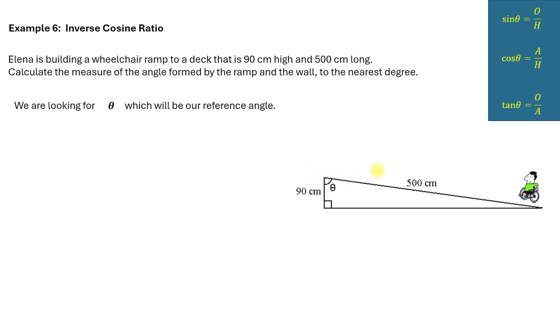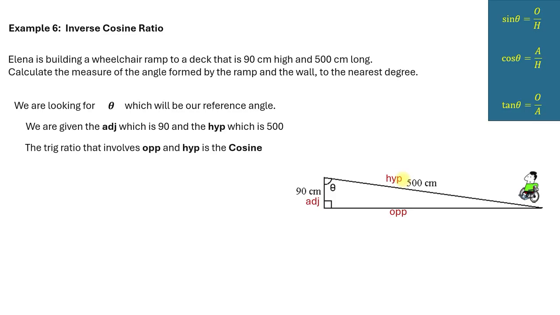Now, relative to the reference angle, we have an adjacent of 90 centimeters and a hypotenuse of 500 centimeters. The trig ratio that deals with adjacents and hypotenuse is the cosine. So we can state that the cosine of theta is 90 over 500, adjacent over hypotenuse.